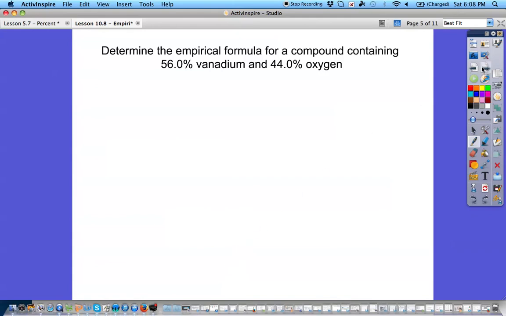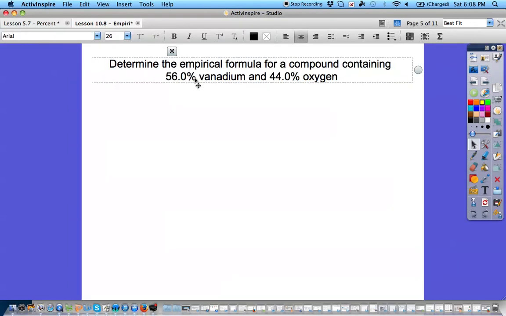In our next problem, hold on, let me change this. This is not the same thing that your packet says. It says to determine the empirical formula for a compound containing 28 grams of vanadium and 22 grams of oxygen.